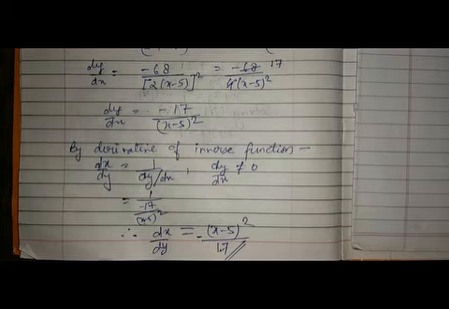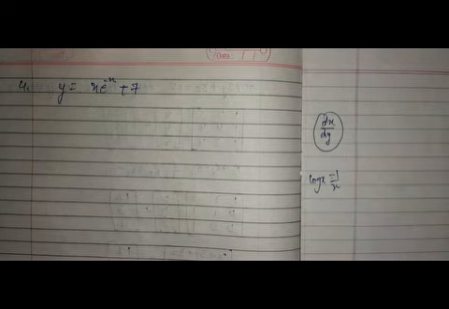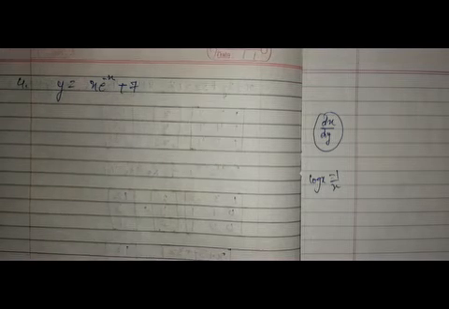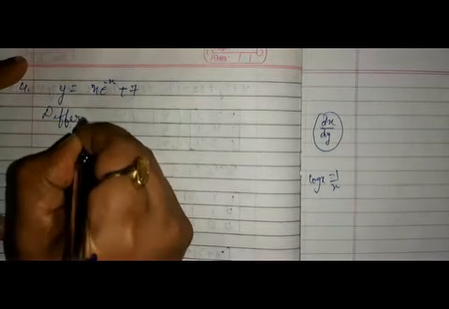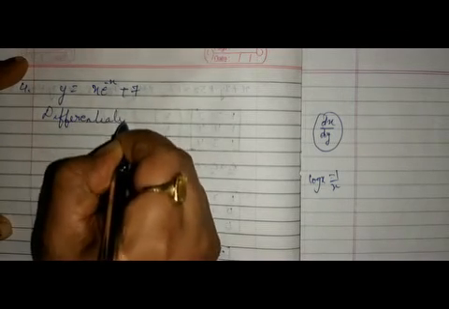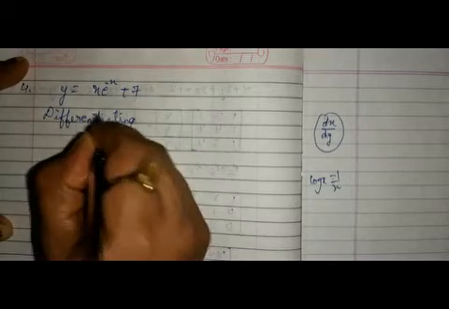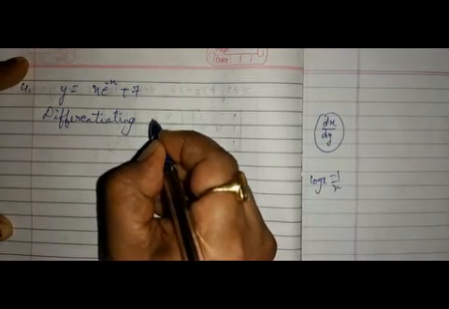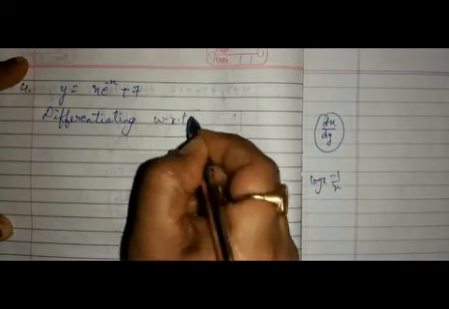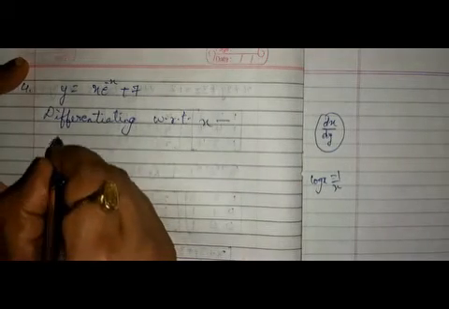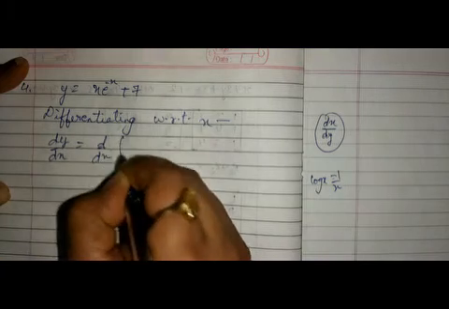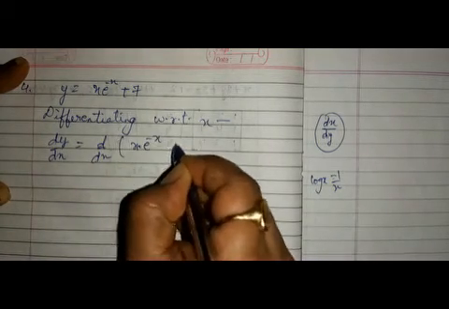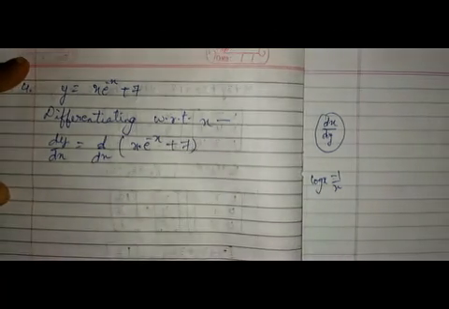Now one more question is left. The last question is y equals x e raised to minus x plus 7. Again we'll write, differentiating with respect to x, dy by dx equals d by dx of x into e raised to minus x plus 7.